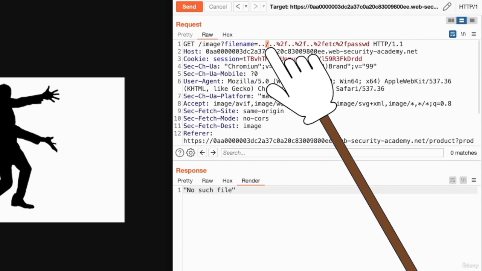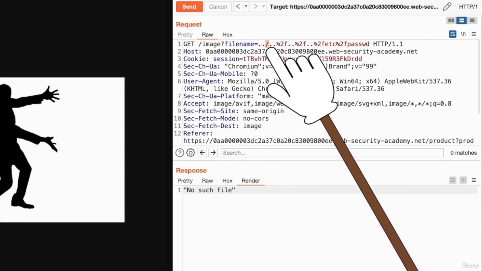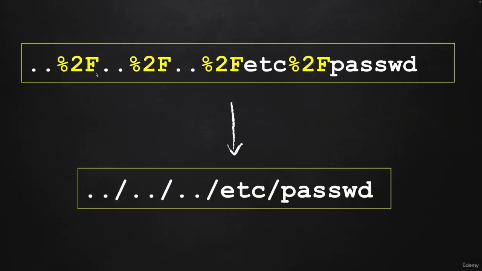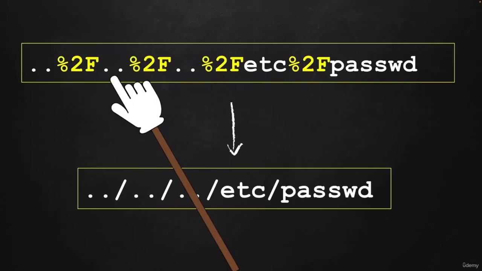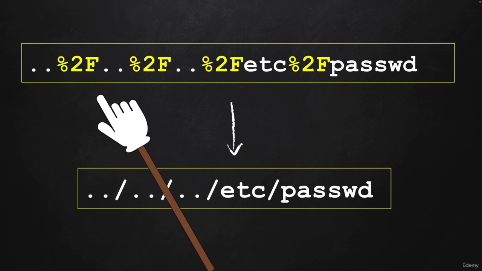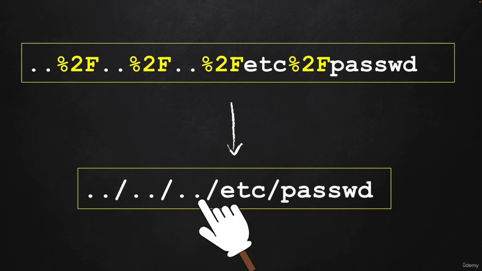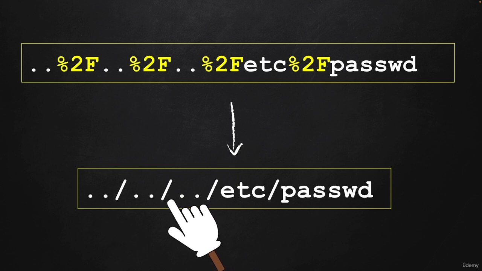And then it's denying you from accessing the file because it knows that you're trying to do something malicious on the target. So basically, the web application is URL decoding your input, it's changing your %2f to a normal /, and then it's checking if your input contains a /, and it contains that, and that's why it's denying it and it's stopping you from loading this file.